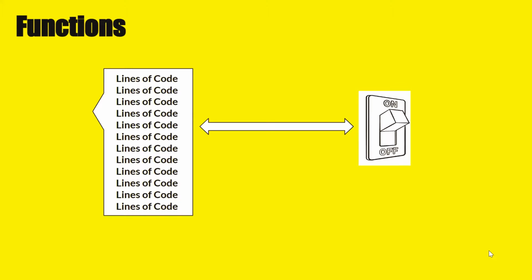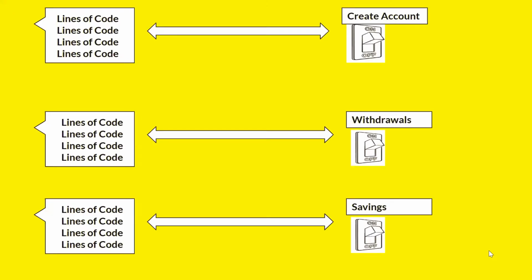As you can see, a block of code can be performing a specific task. For example, if you're creating a bank account, you can write a block of code as a function just to create the account. In a similar way, there can be other blocks of code to withdraw money from that bank account, and there can also be a block of code that works as a savings calculator.